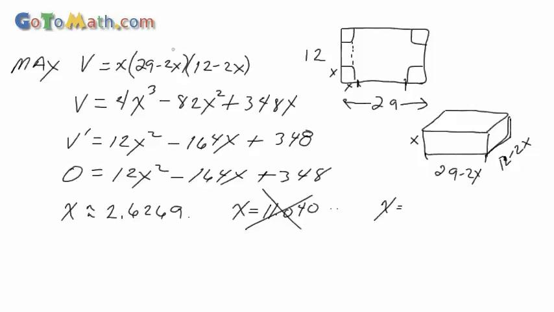To get your dimensions, you take this x and plug it in here. That gives you the length and width, whichever one. I can't remember how it was defined in the problem.